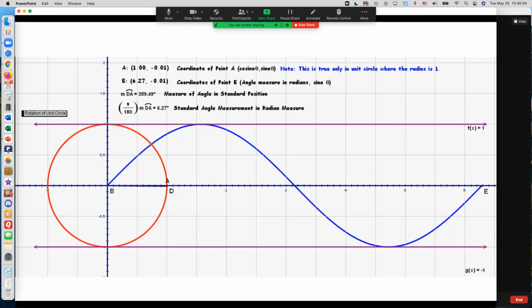So 1 equals sine squared theta plus cosine squared theta, right? It's where it comes from. Pythagorean theorem. Yeah, we learned that.